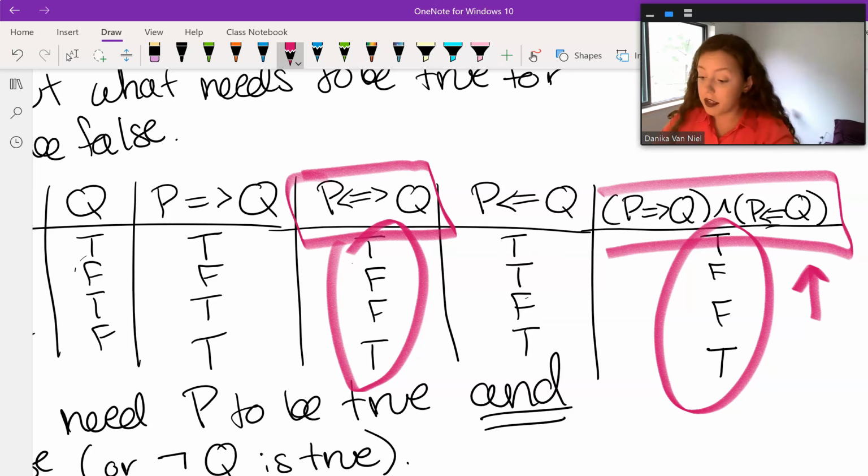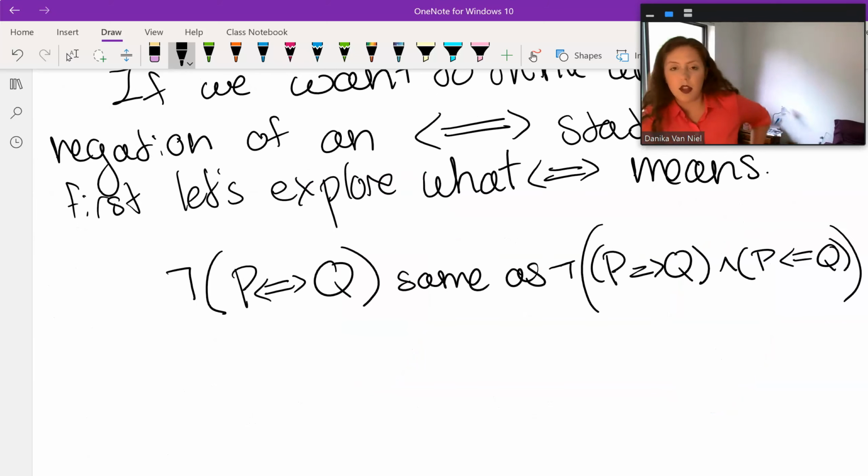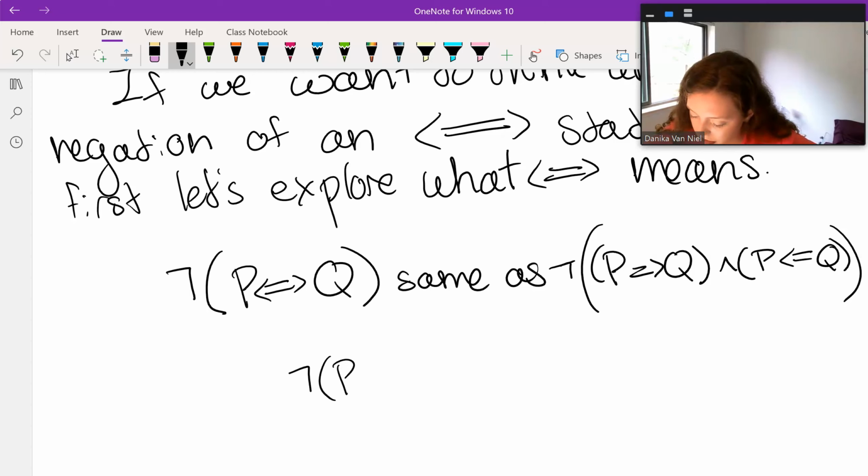So I would suggest pause the video to see if you can do it. Okay, so if we remember back to a previous video, I did say that the negation of an and statement is going to be the negation of the first statement. So negation of P implies Q.